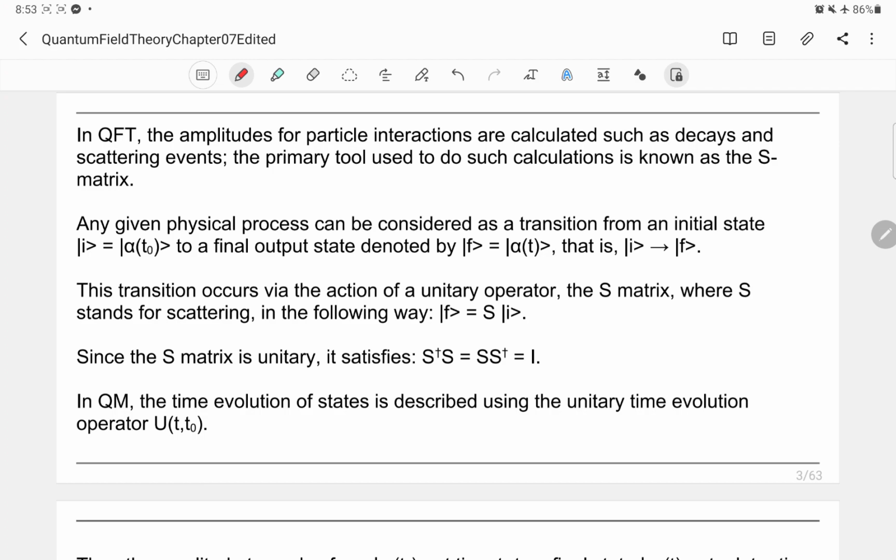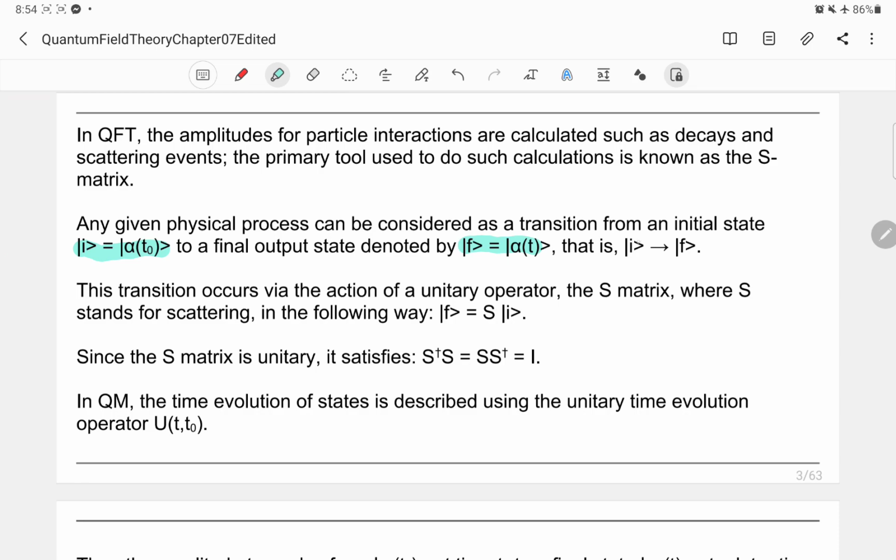In quantum field theory, for the amplitudes of particle interactions, like those of decay and scattering events, we use the S matrix for the calculation. Any given physical process can be considered as a transition from an initial state given by this to a final state given by this one.